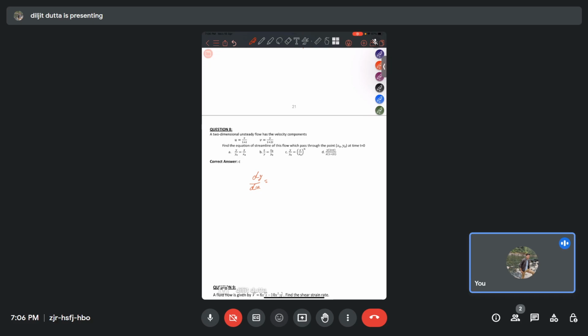The slope will be given as dy by dx, which is equal to v by u, equal to y into 1 plus t by x plus 2t. Now holding time t constant, we can separate the variables. So we consider t equal to constant, and now we can use the variable separable form.